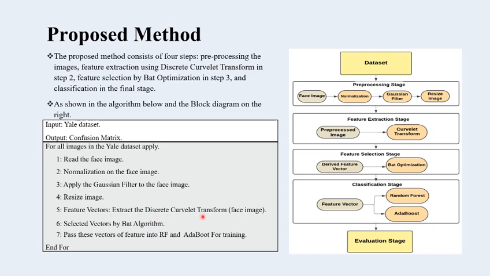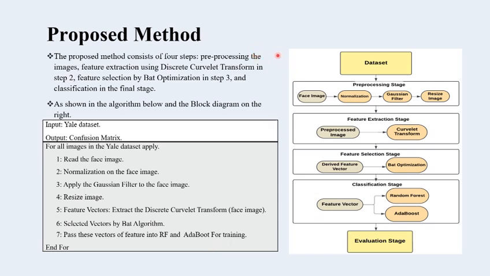This is applied in the feature extraction stage. And select features by the path algorithm. This is applied in the feature selection stage. And finally, pass the vector of features into random forest and AdaBoost for training and testing.